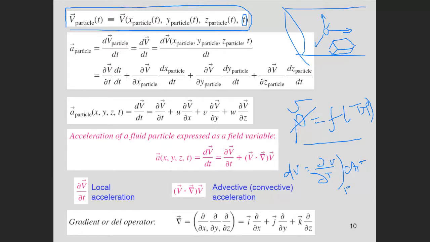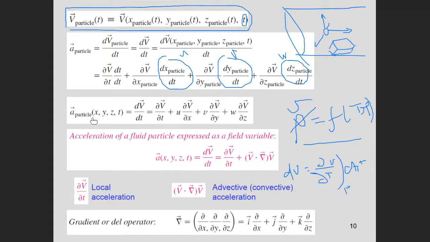Now, if you look carefully, dx by dt, dy by dt, this is the distance divided by what, guys? By time. This gives you u, this gives you v, and this gives you w. Am I right or wrong? Yes, the change of distance with respect to time is velocity.